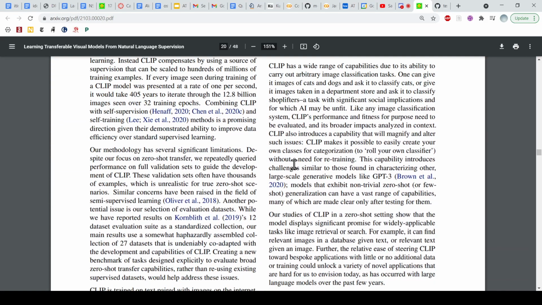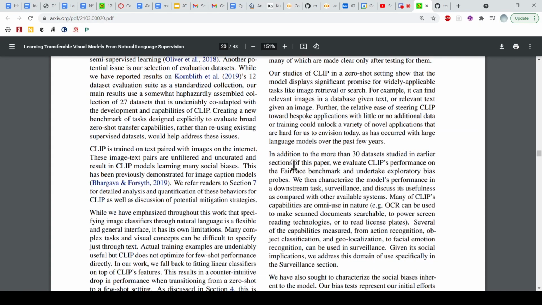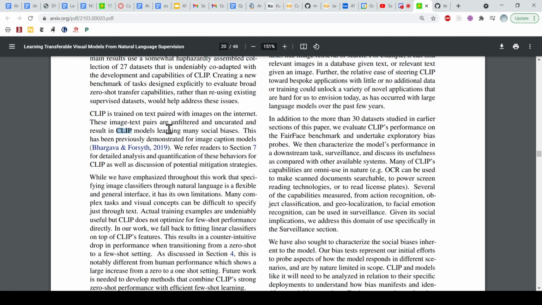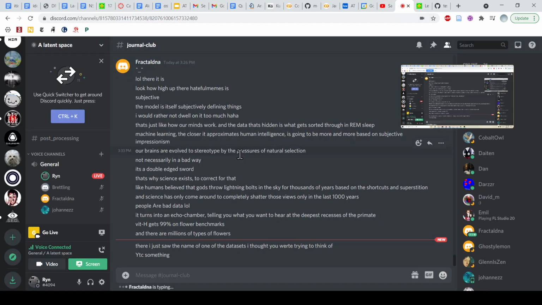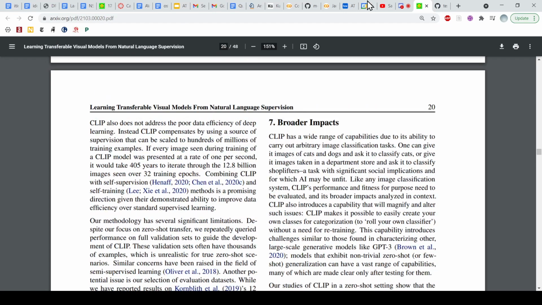Let's see, broader impacts, limitations. So they say image text pairs are unfiltered and uncurated. I don't know about that, because they don't have the F word in their tokenizer as a single token, which you'd think it would be. And when I've tried to generate some not safe for work stuff for science, of course, I have found that using certain words sometimes does not work.